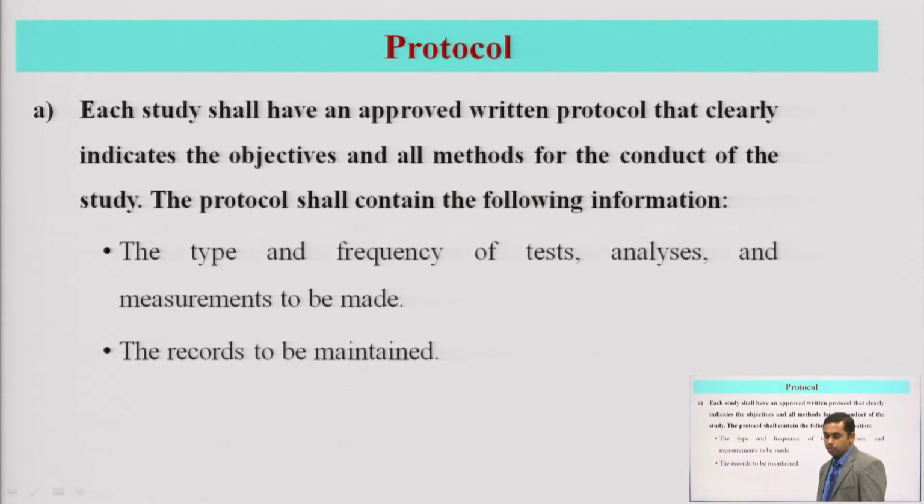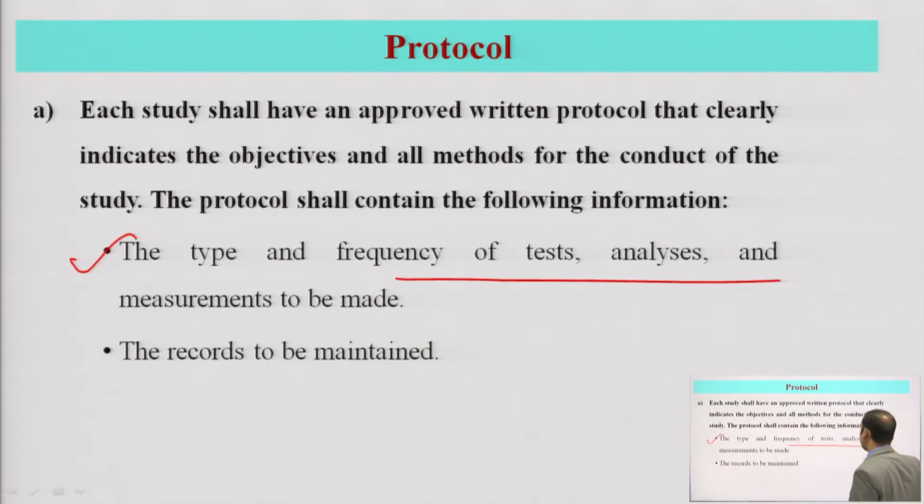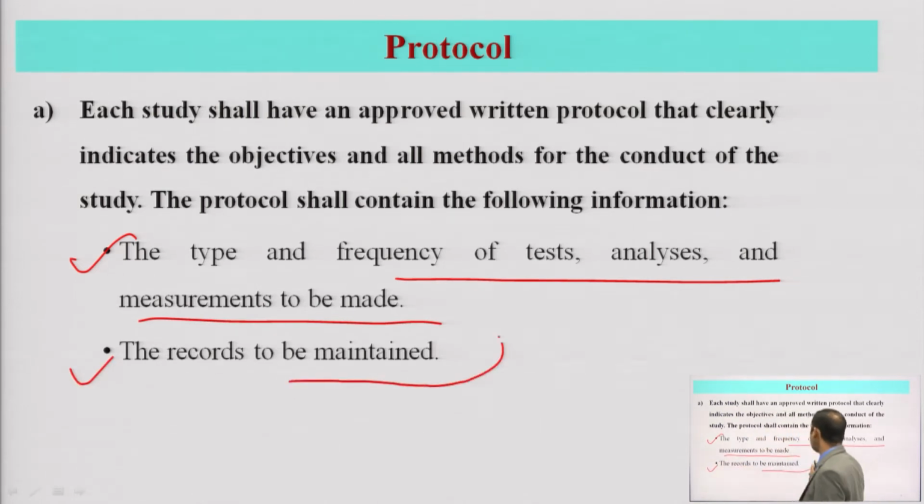Such things should also be mentioned. The type and the frequency of the test, analysis and measurement to be made, and the records to be maintained. You have to maintain all the records, how you are performing the test and what the steps are, how you are actually following the flow chart of the test.